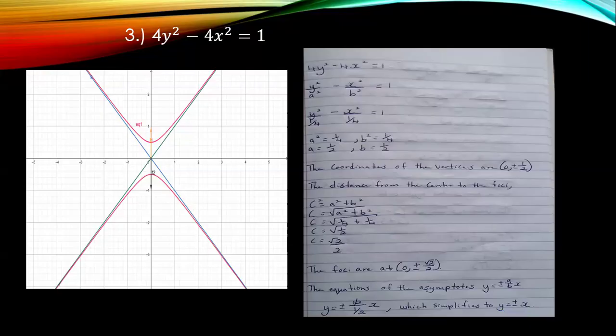So here our asymptote is y equal to positive x, and here we'll have y is equal to negative x. Next slide.